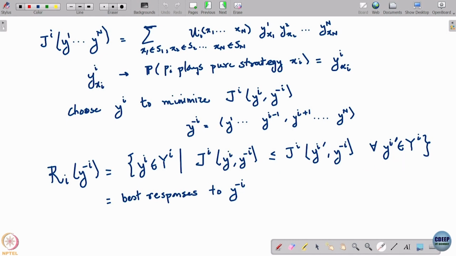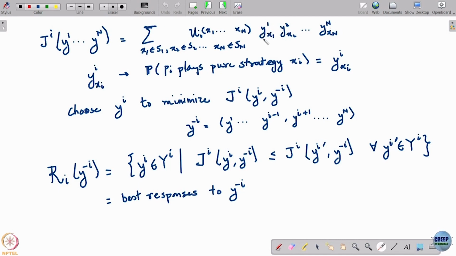So, if you look at the cost of player i that is listed here, it is this expectation, right. Now, when we are evaluating the best response, what we are basically asking is, we are fixing all the y minus i's.